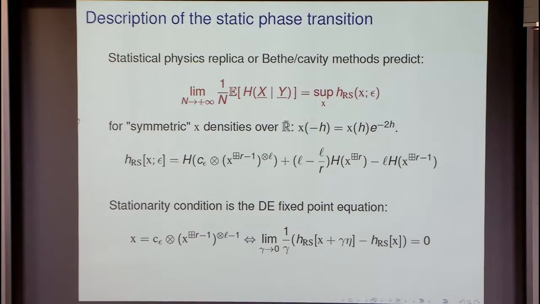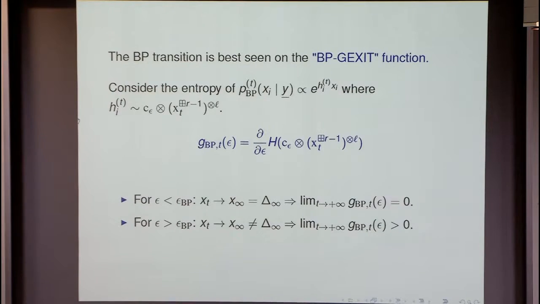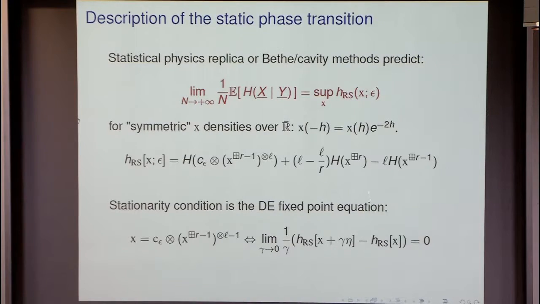The boxed convolution corresponds to some product of hyperbolic tangent functions and things like that. You don't have to fully understand this formula, but basically this replica symmetric functional is a sum of three entropy terms. One entropy term is exactly the entropy term that was also involved in the belief propagation GEXIT curve, and the other two entropy terms do not depend explicitly on the channel, they just depend on this density x.